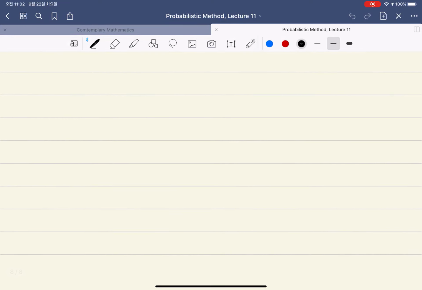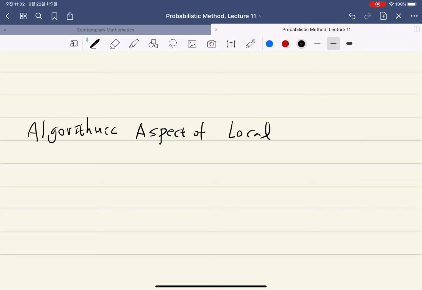Now we want to consider the algorithmic aspect. So now we are learning this probabilistic method.